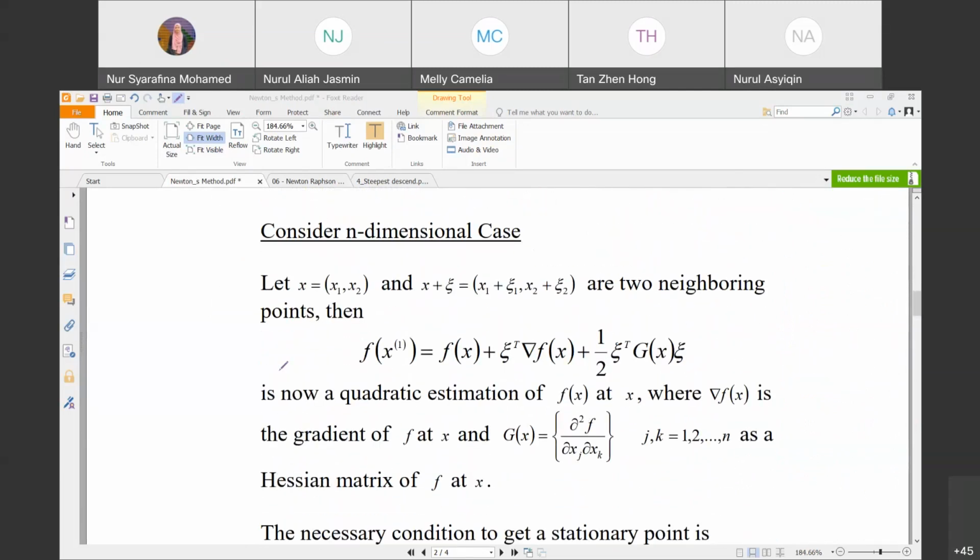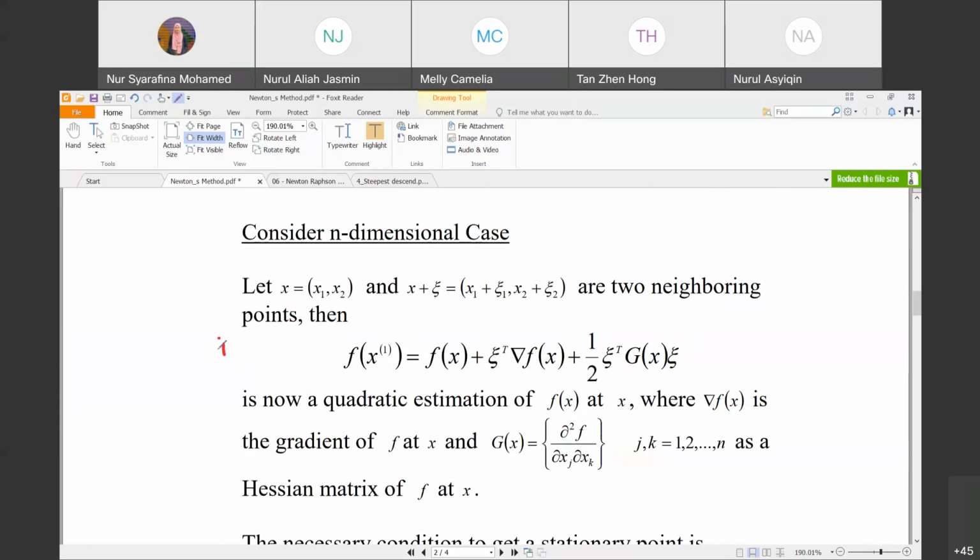Let's say we have a point x1 and x2. Then x plus epsilon are the neighboring points. Let's say we start at x0, the initial point. So f(x1) can be calculated by f(x0) plus epsilon transpose times the derivative of f(x), plus 1/2 epsilon transpose G(x) epsilon.